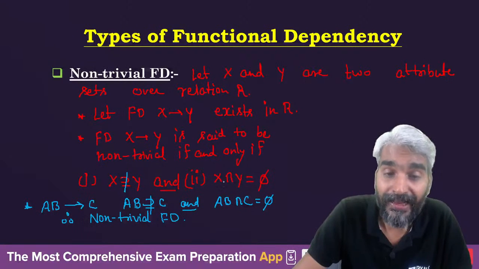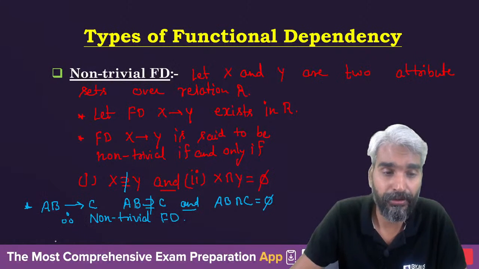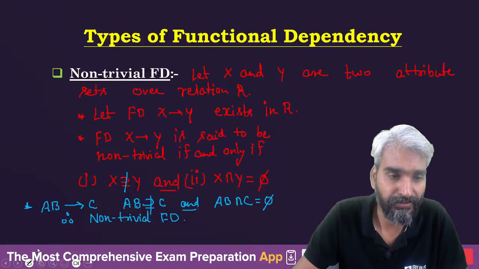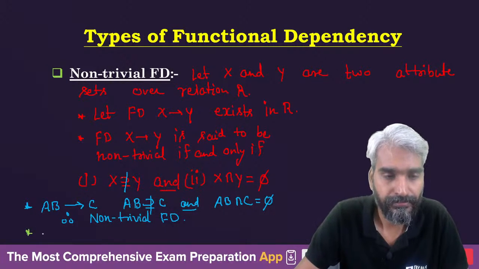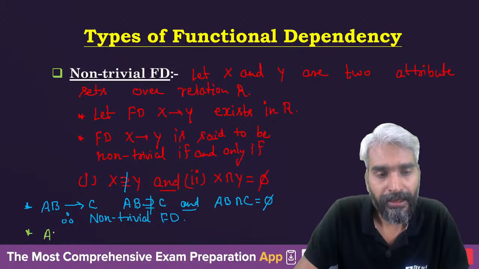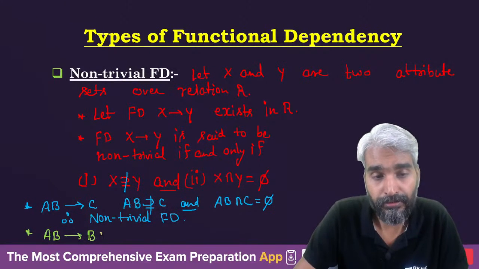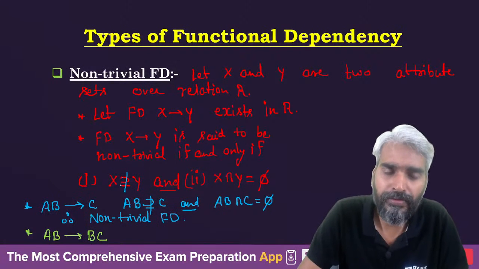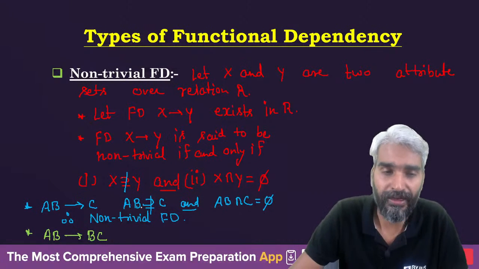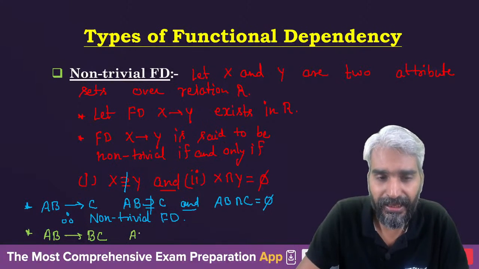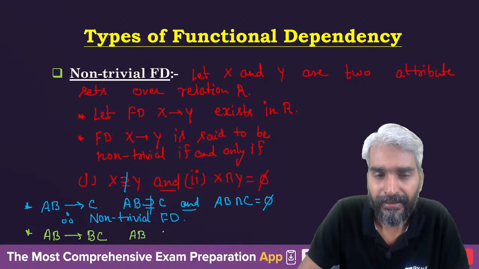But sir, why is this X intersection Y condition important? Okay, let's try to understand that as well. Let's see AB implies BC. Why don't we only say that X is not a superset of Y? Let's look at this. In this case, is AB a superset of BC?